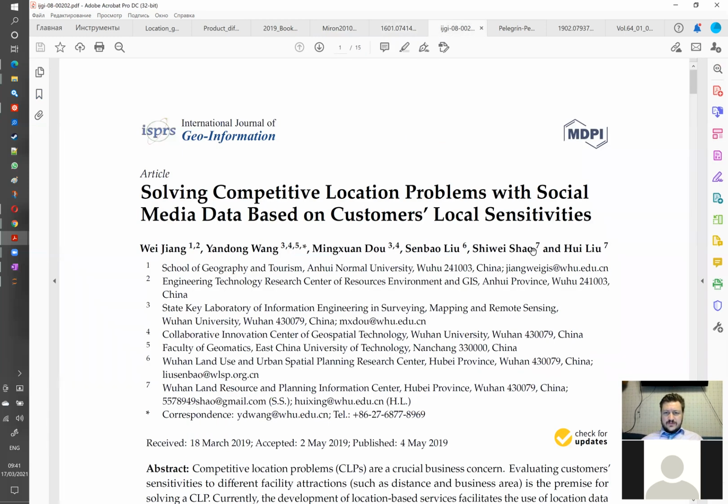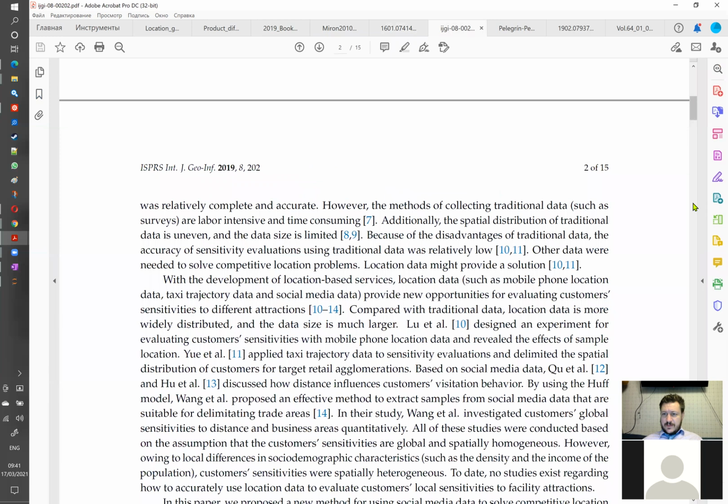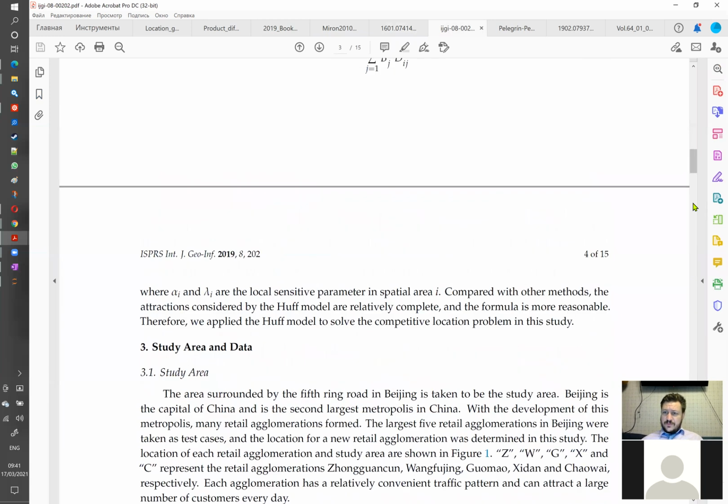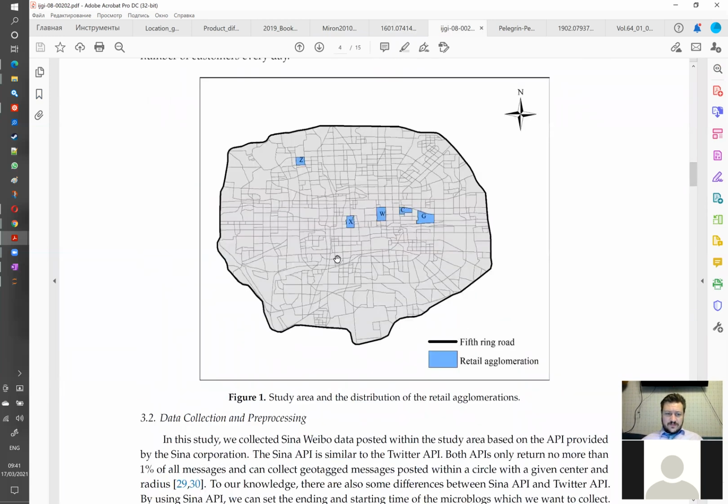Another article is an idea of some guys. They decided to use social media to solve this. It's more about the application of these problems. They have found data. So it's a city, and these places are customer agglomerations.